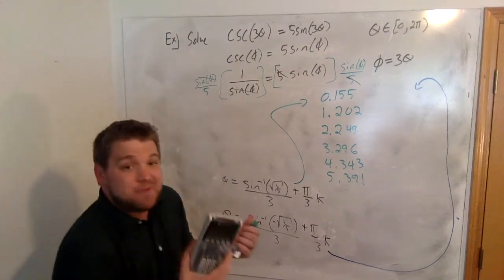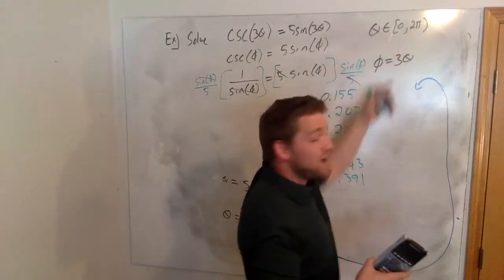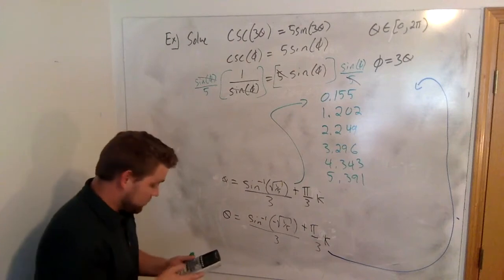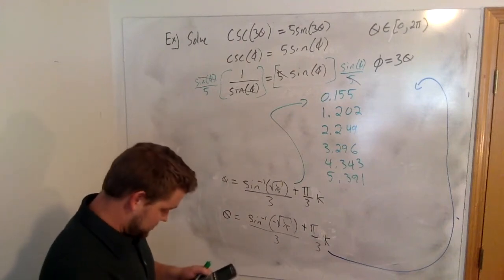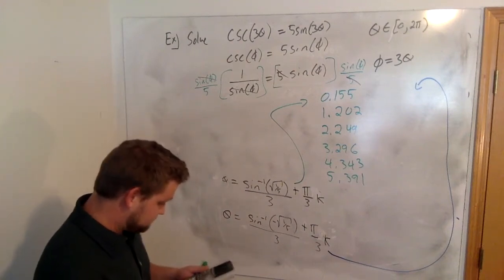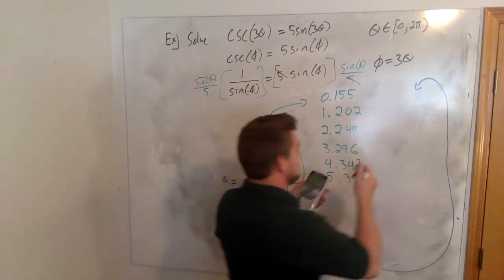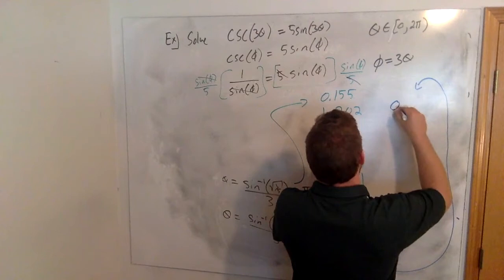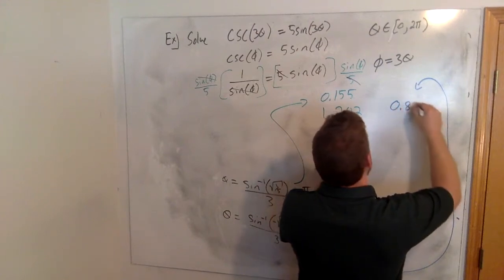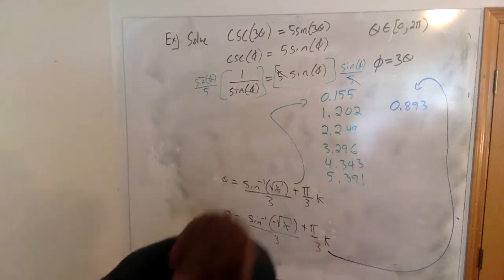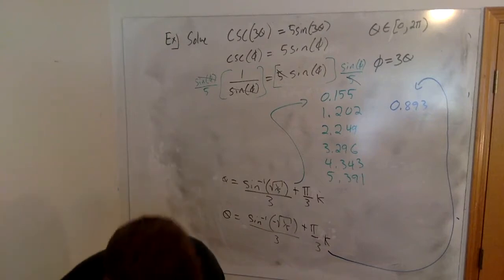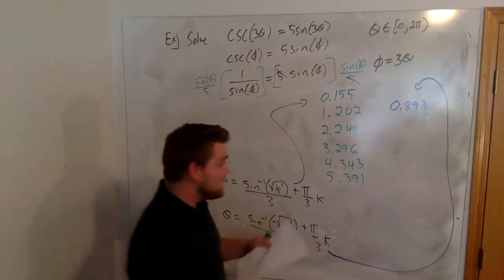But the first one we typed in, it's not between 0 and 2 pi, so I'm going to ignore that one. So we're just going to add another pi over 3. So we get the first one. So we're going to get a 0.893. Okay, and then you can just keep adding pi over 3.